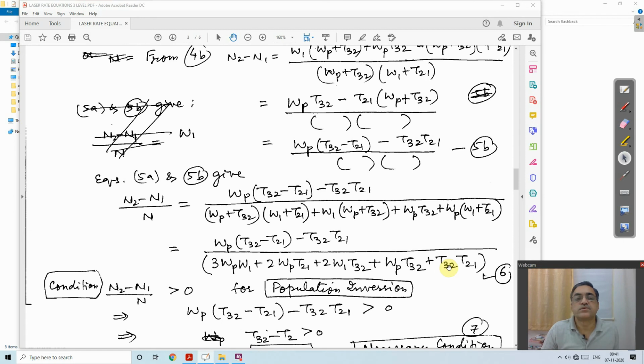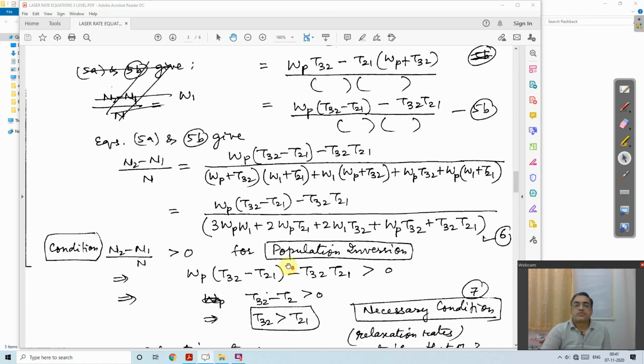Now dividing 5a by 5b, dividing equation 5b by 5a rather, we eliminate N1 on the RHS, and what we obtain is a very deciding equation for population inversion and for sustained laser oscillations.